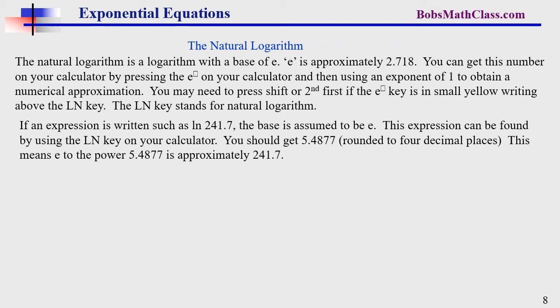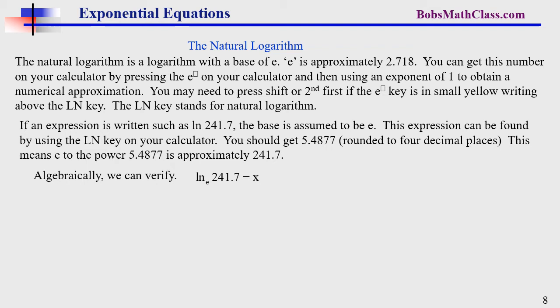And I got 5.48769. Since that's a 9, I'm going to round that up to a 7. So 5.4877. So that's the ln button. Now what that means is that e to that power gives you 241.7.